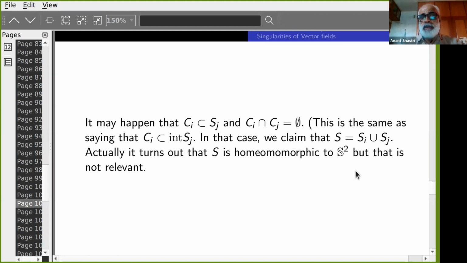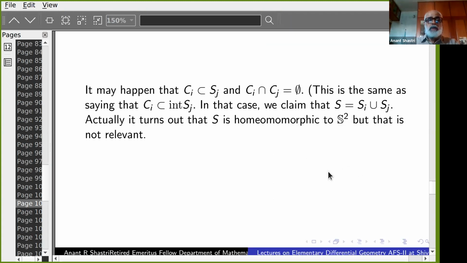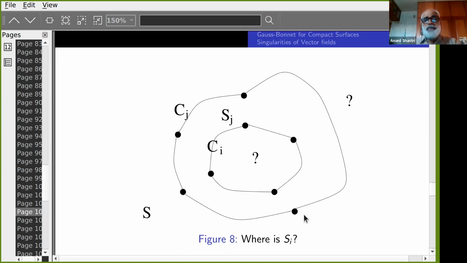I am just telling you that. You can imagine this, it's very easy. A rigorous proof needs some more topology, which is not needed here. So this is the picture. You have your Sj here. This is the surface patch. Cj is its boundary. Si is contained inside Cj.